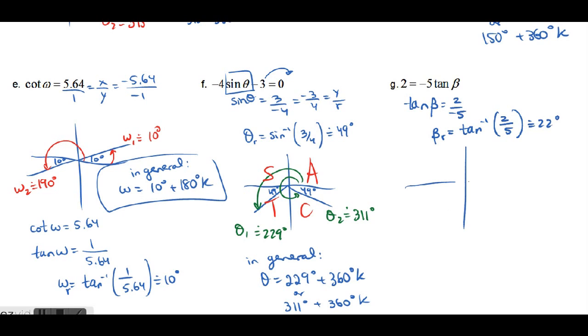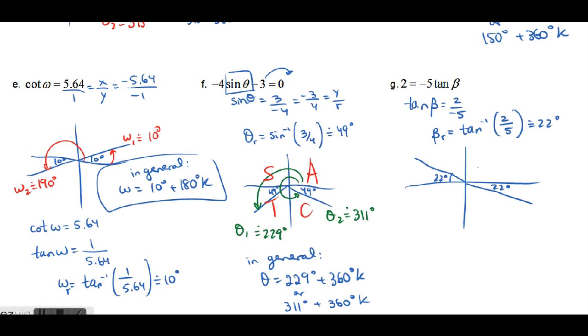And then you think back to the original, not this 22, back to the original ratio. Here, tangent is negative. So either using the CAST rule or thinking about the definition of tangent, which is y over x, or slope, rise over run: where is the slope of a terminal arm negative? Well, slope is negative in quadrants number 2 and 4. So this angle here is 22 degrees, and this one's 22 degrees.